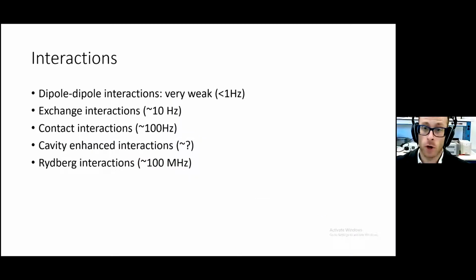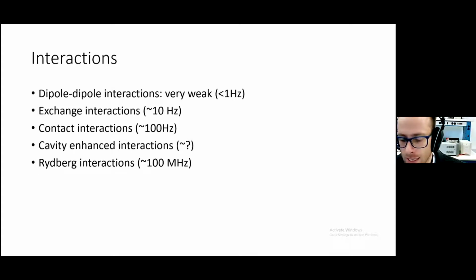So now I will briefly mention the different interactions among atoms, because you need to have the atoms interact once you have put them in this lattice structure. You need to have them interact and do the quantum operation that you want. And maybe it's time to mention that this is the weak point of neutral atoms.